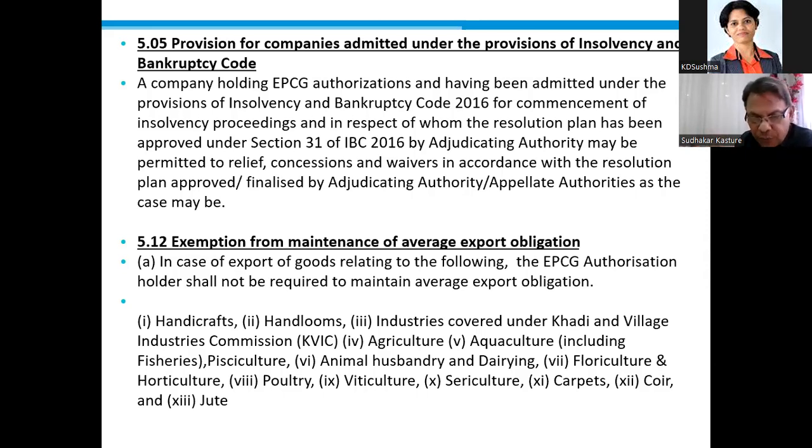If your finished product is from these industries, then you need not maintain the average export obligation. That is a relaxation mainly for small units. And these particular units, if you look at the conditions, are always providing more employment, smaller units, and therefore this has been specifically considered.